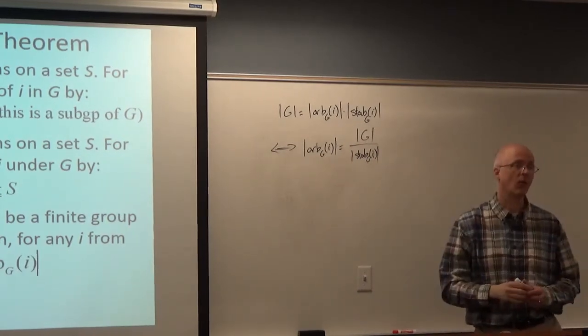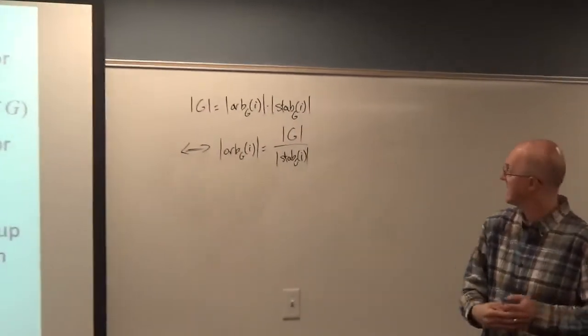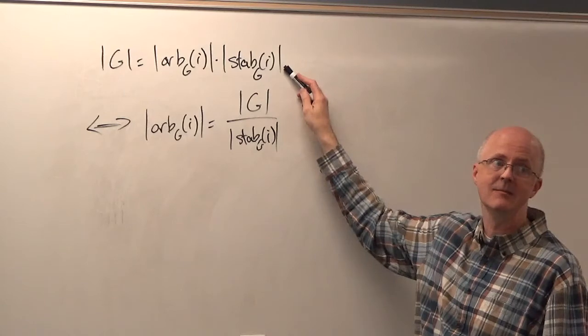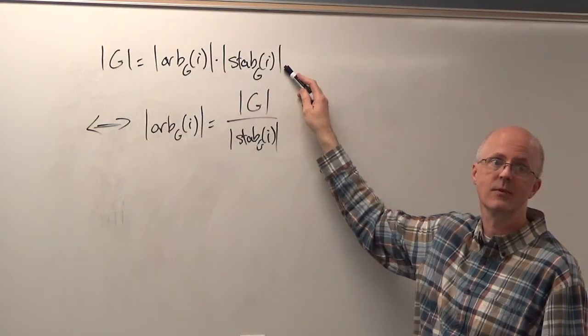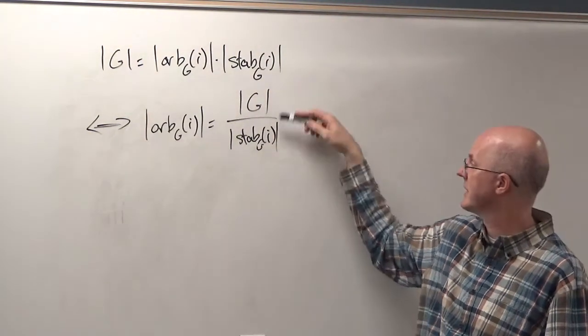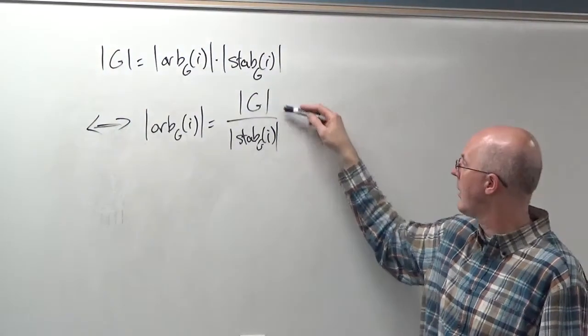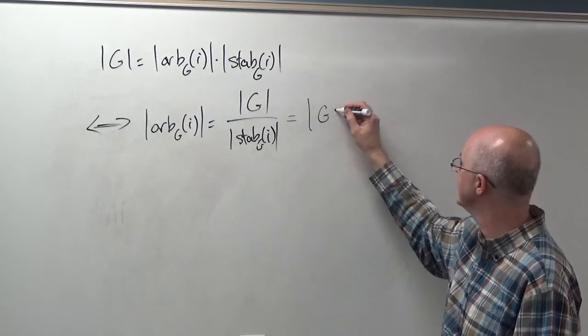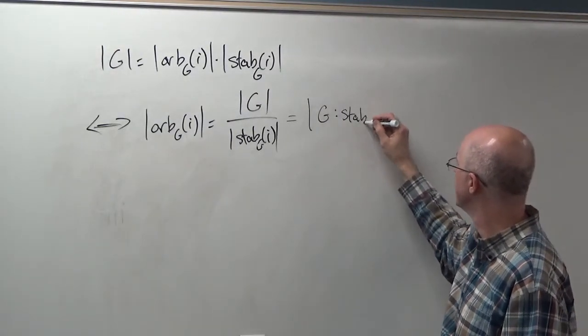Divide both sides by the order of the stabilizer, which is non-zero, by the way. The stabilizer always contains at least the identity permutation for any I. So we're not dividing by 0 here. But what's this ratio? By the proof of Lagrange's theorem, that's the same as the index of the stabilizer.